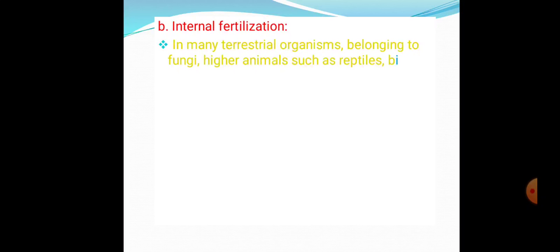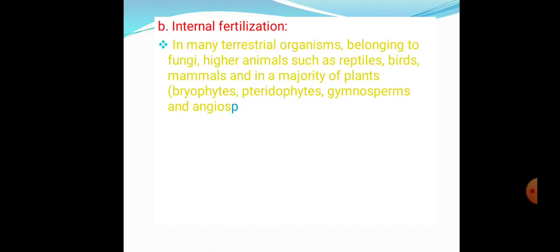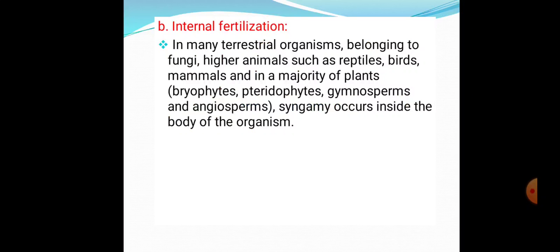The second type of fertilization is internal fertilization. In many terrestrial organisms belonging to fungi, higher animals such as reptiles, birds, mammals, and in a majority of plants which includes bryophytes, pteridophytes, gymnosperms and angiosperms, syngamy occurs inside the body of the organism.